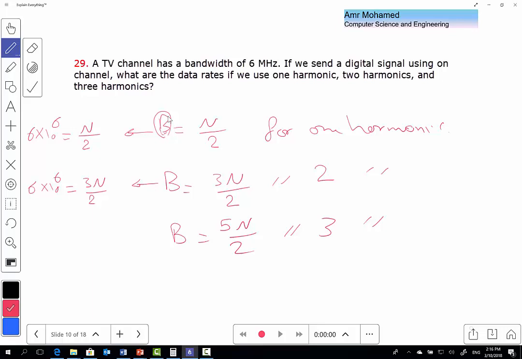And for three harmonics, 6 times 10 to the power 6 equals 5n over 2, so n equals 12 divided by 5 megabits per second. Okay, so that's the solution for the three cases if we have one harmonic, two harmonics, or three harmonics.